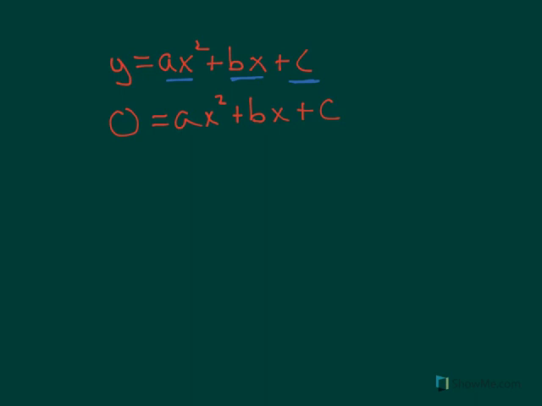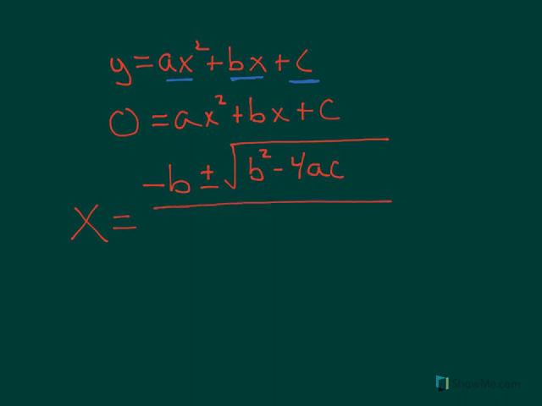So your quadratic formula, if you want a solution for x, is going to be negative b, so opposite whatever the b value is, plus or minus, so there's going to be two possible solutions, plus or minus, the square root of b squared minus 4ac, all divided by 2 times the a value. So that is our formula.